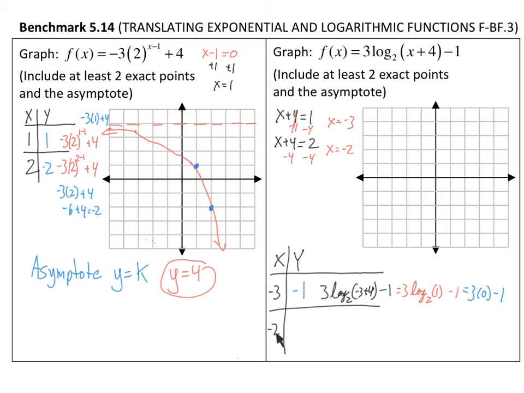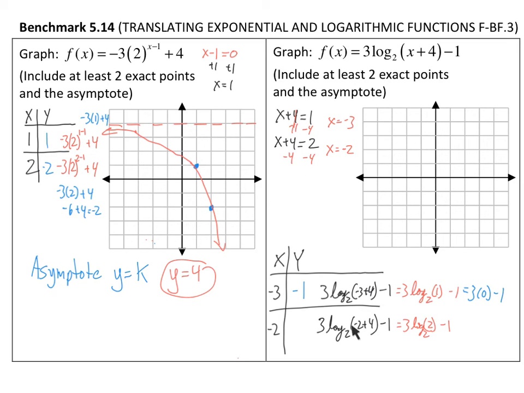So let's now plug in -2. When we plug in -2, we have 3 times log base 2 of -2 plus 4, minus the 1. All right, -2 plus 4 is 2, minus the 1.